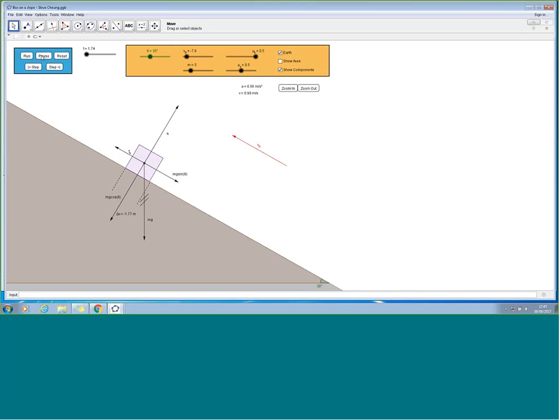Notice it seems to disappear up the slope a lot faster than it comes back. So the first thing, of course, is that this object is going up the slope to start with. We have the velocity v0 is minus 7.8 up at the top, and so it's going up, and that means that the friction is acting against the direction of the motion. If you just watch the friction arrow, as we go up, you can see it flipping at the top to start coming down.